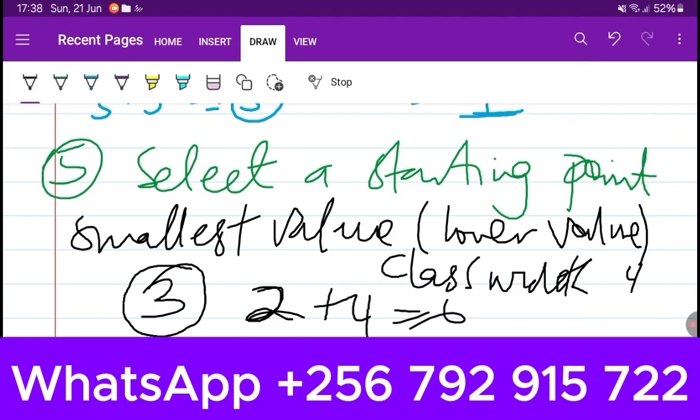Or I can stick with the 3, and I start with the 3. But I can pick a 2, a number that is lower than the lowest value. Because for me to form that class, I will need a 2 plus the class width, then I get the upper class limit. So the class will be 2 to 6.